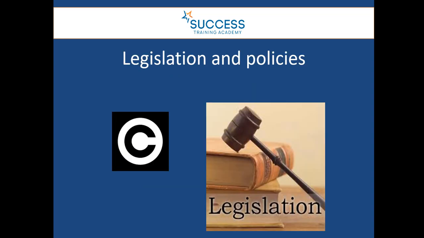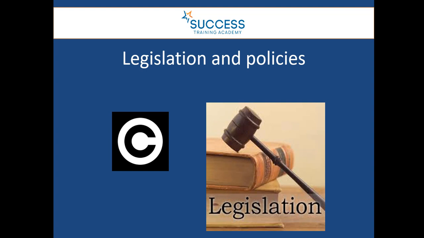Legislation and policies, we've talked about that a little bit, but don't forget copyright. That's another issue to think about. Definitely make sure that you respect and adhere to any legislation within your industry, because when you're teaching and training, you are also teaching the learners the legislation for that topic area.